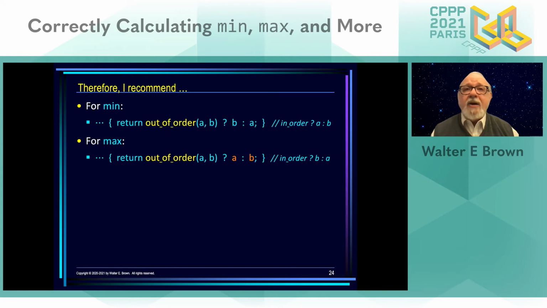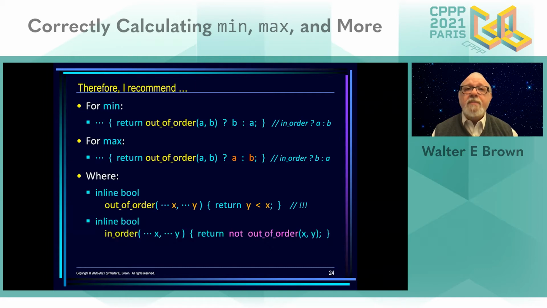So what is that out of order predicate? Well, it looks like this. When handed X and Y, they are out of order whenever Y is less than X. So when are they in order? Well, when they're not out of order.